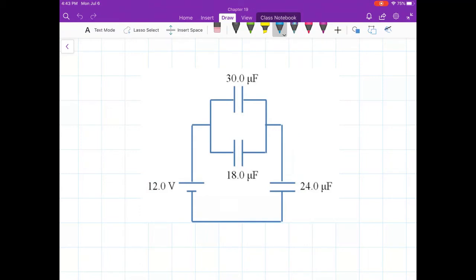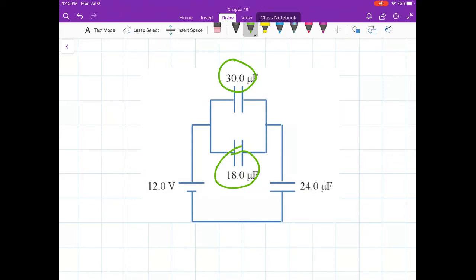Well, the question, where do we start? Well, if we look at these three capacitors, what should stand out is that the 30 and the 18 are in parallel.